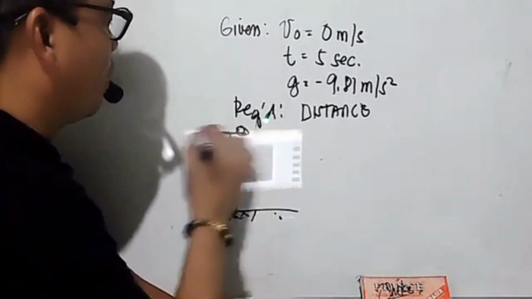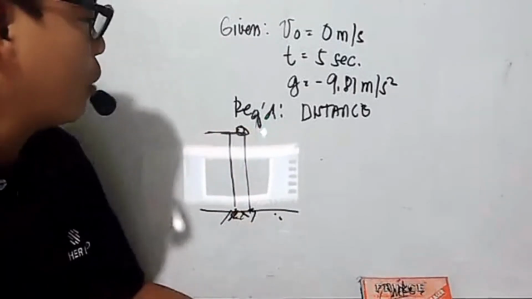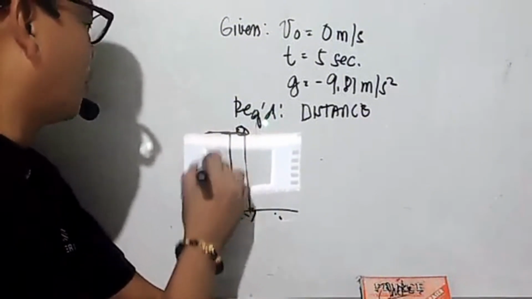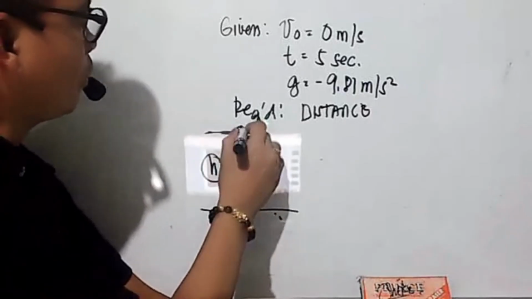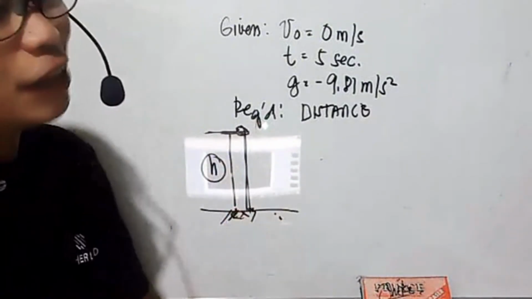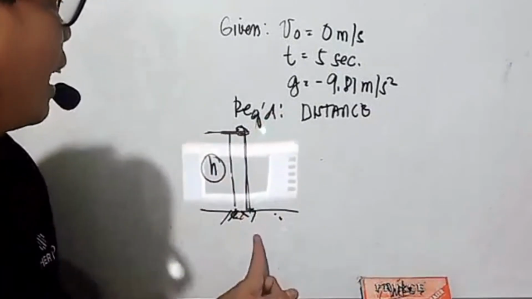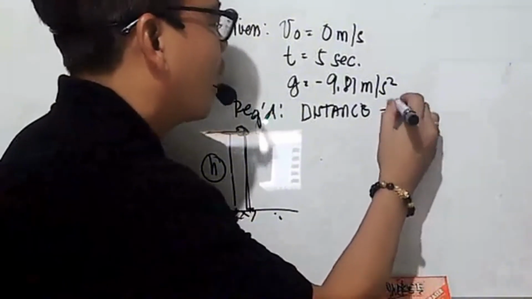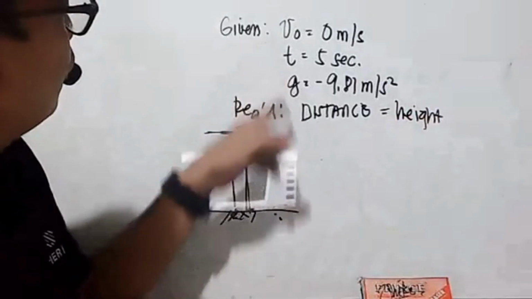From this point, the height of the building, until it reaches the ground takes 5 seconds, the time. So upon falling, how tall is this building? You're looking for the height, which is the distance from where you released the stone until it reached the bottom in 5 seconds. So these are given.